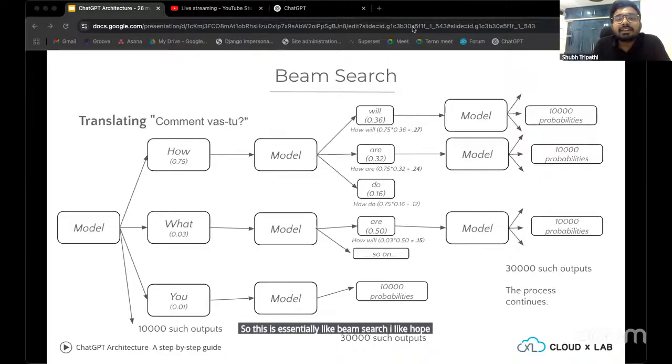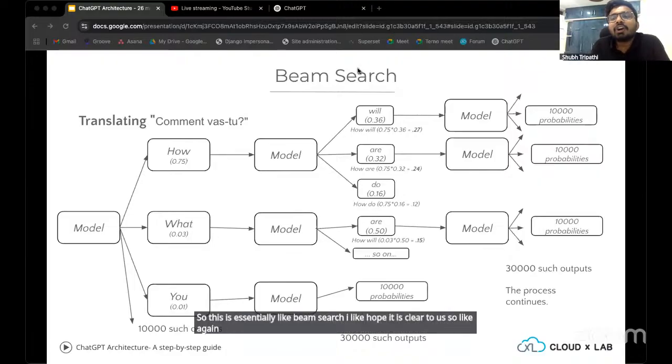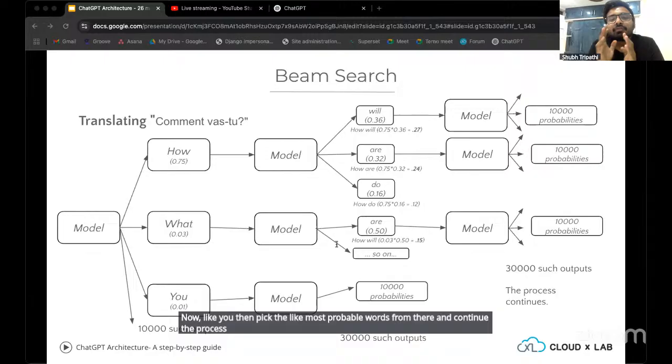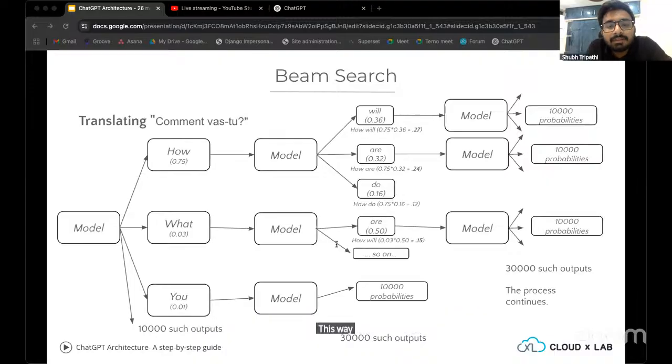How do we choose the sequence of output? You ask the model to give the next word, and when it does, you pick only the top three. Then you pick the most probable words from there and continue the process. When you're picking, you multiply the probability of the previous words with the next probability and pick the best ones. This way you get the most coherent and meaningful sequence.